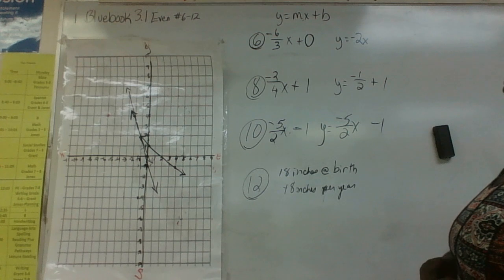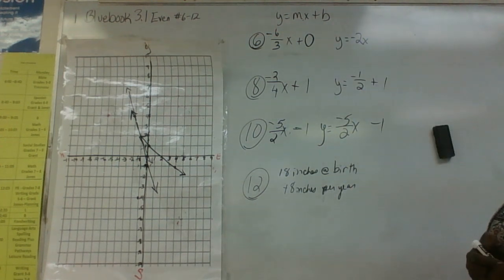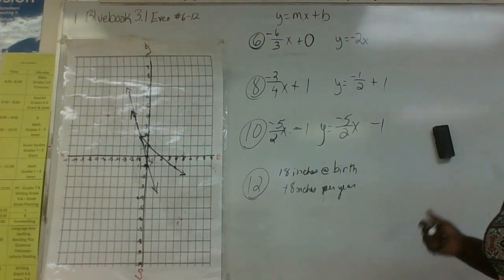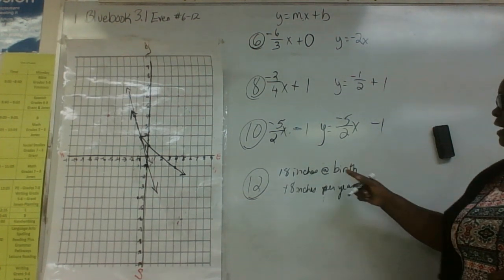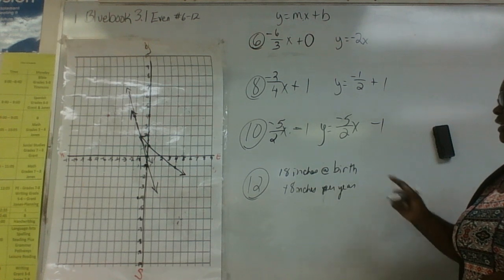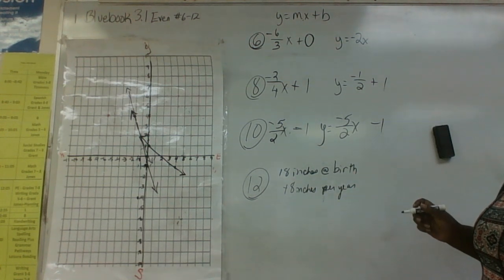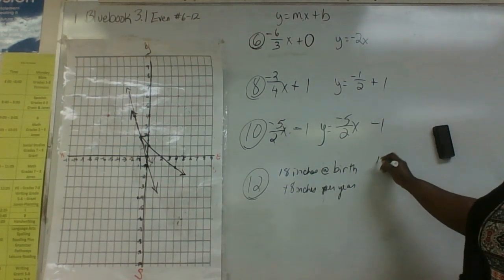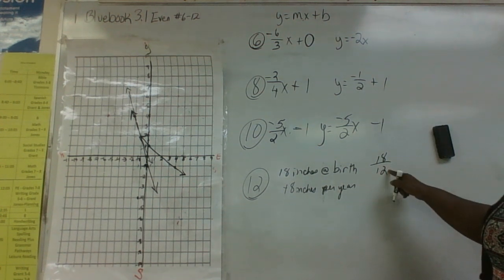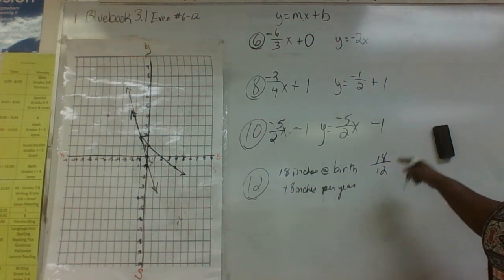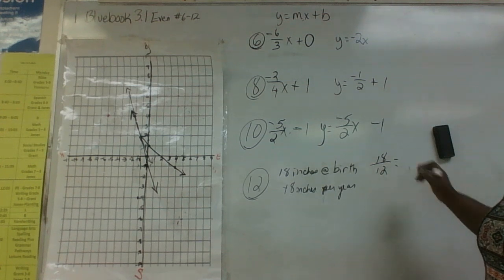So, using the same concept, we are going to find out where it crosses the y-axis. At birth it's 18 inches, and they want it in feet. So that is 18 over 12. Let's simplify that.